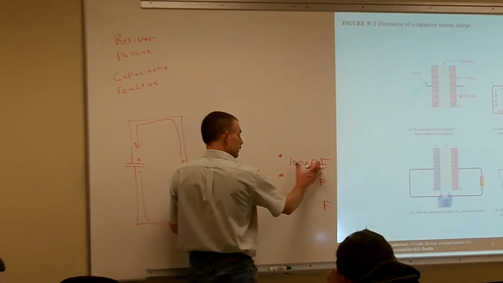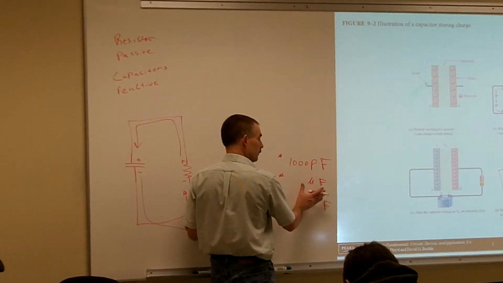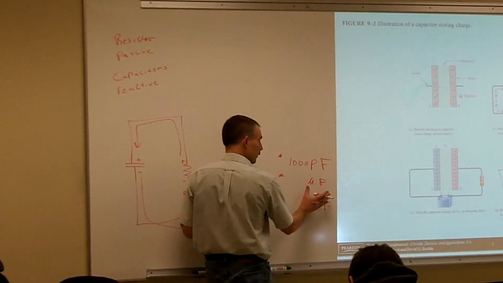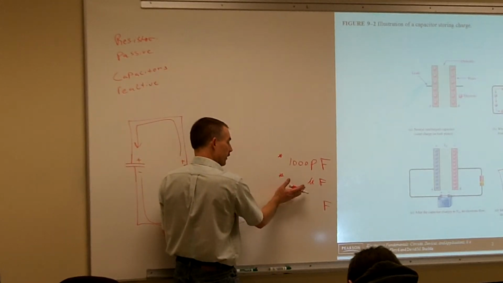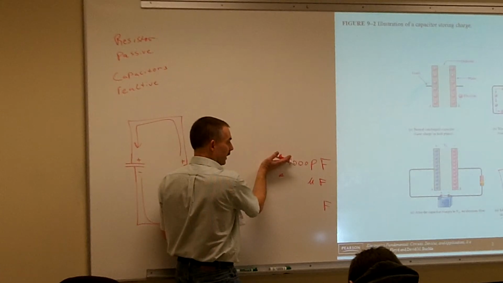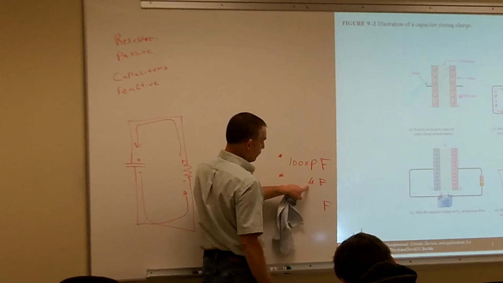So this is where all our conversions come in. We're always converting our capacitors into the ones our vendors display. Some vendors might have it as 1,000 picofarads. Others might have it as a microfarad.